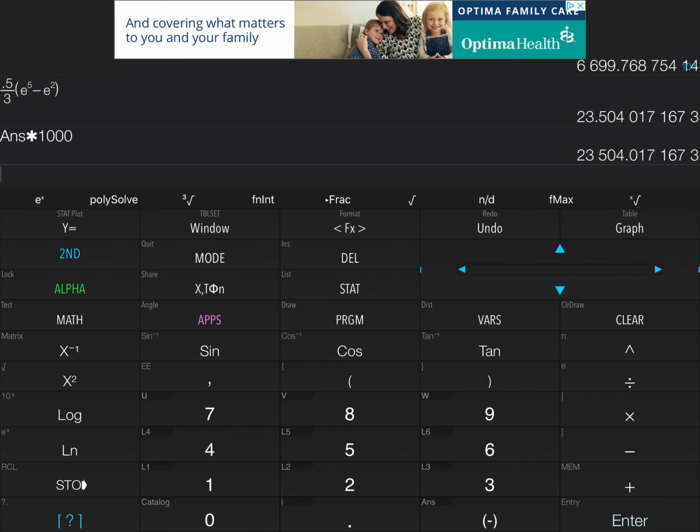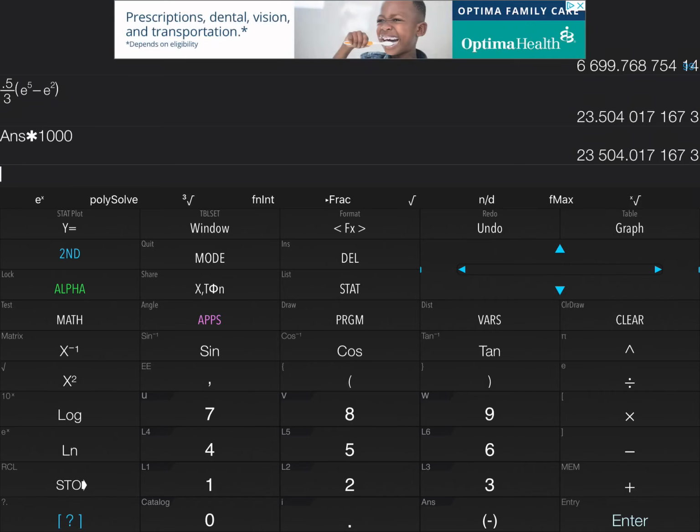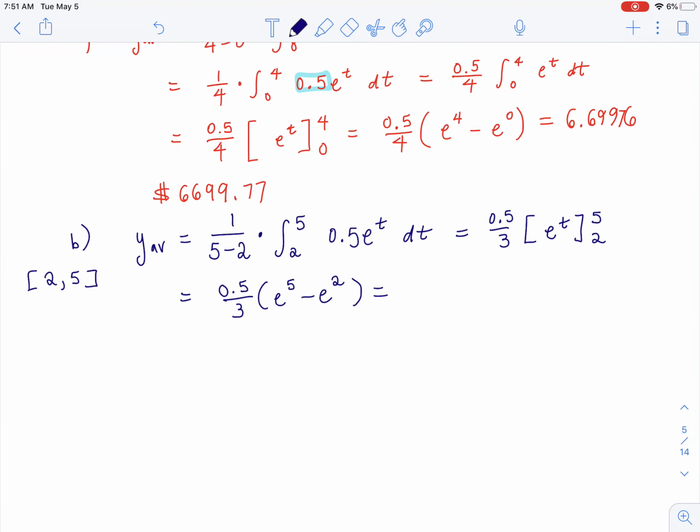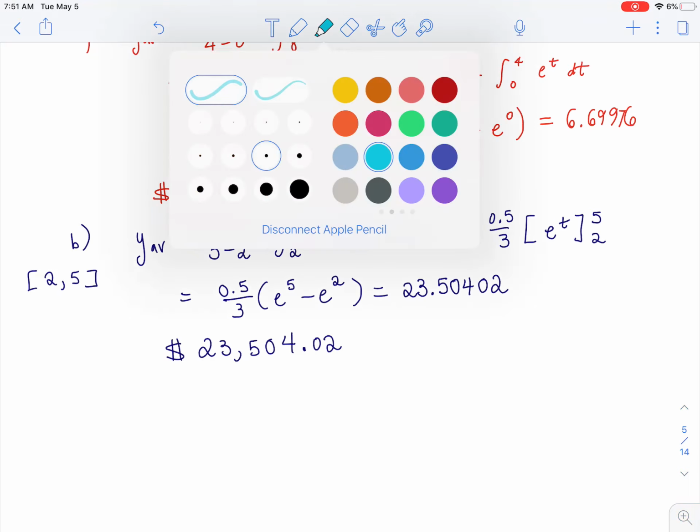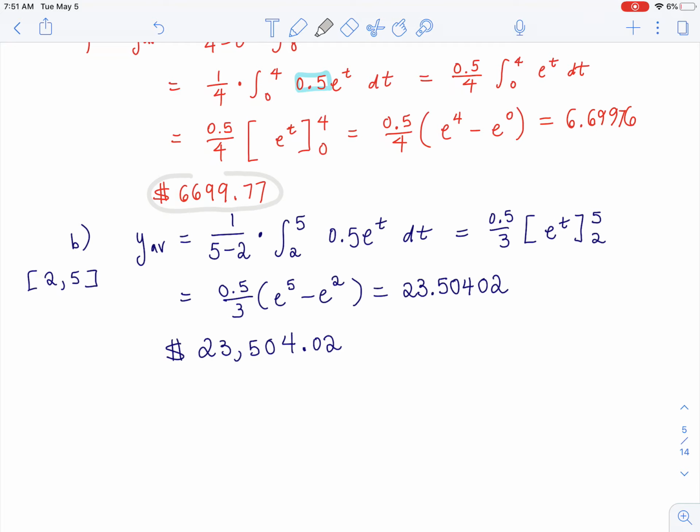So the answer is $23,504.02. This came out to be a decimal of 23.50402, so the answer will be $23,504.02. These are the answers for number 5A and number 5B.